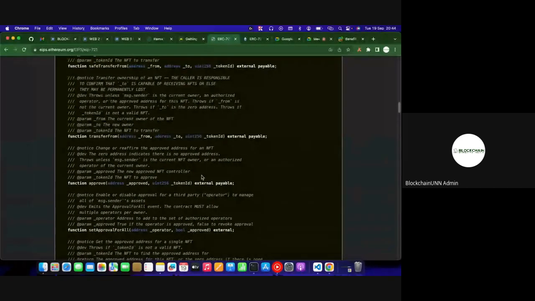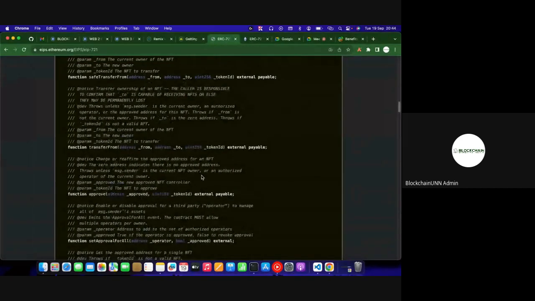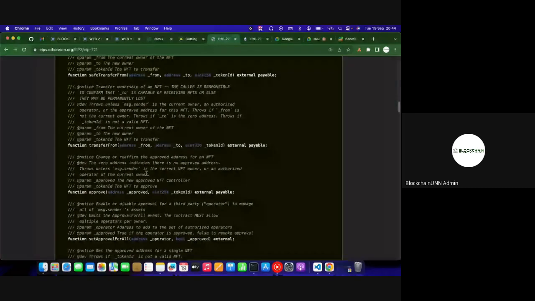Yeah, so just continuing from where we stopped, right? The transferFrom function performs the same role as the safeTransferFrom function. Well, you need to be careful to ensure that the person you are sending to is capable of receiving NFTs, or else the NFTs are going to be permanently lost.